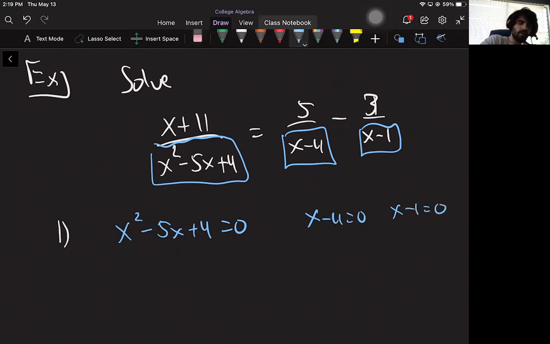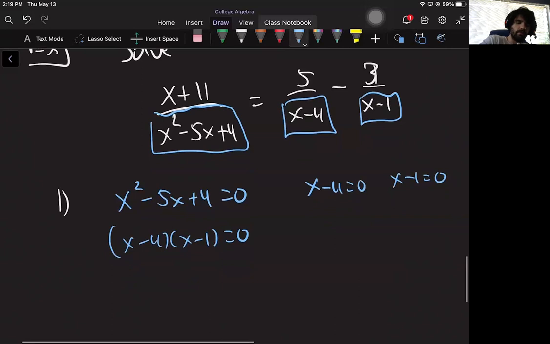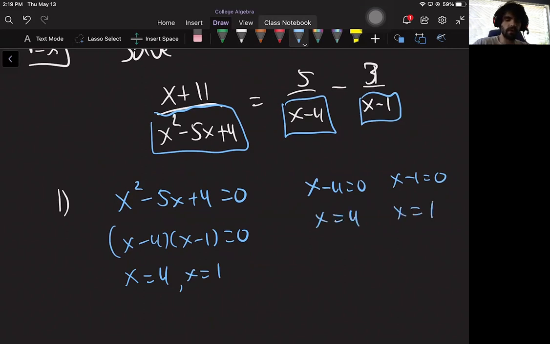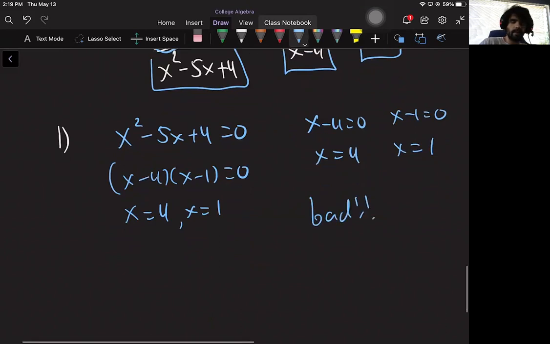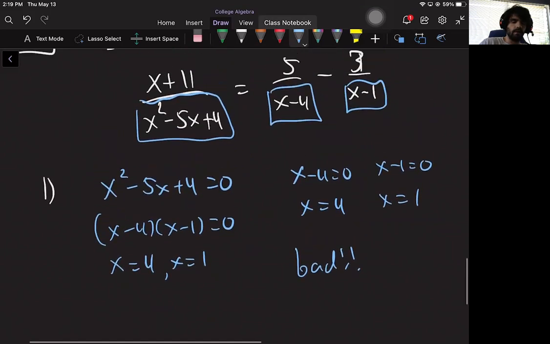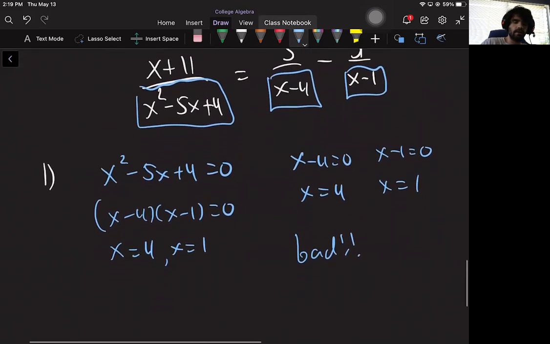Okay, so this guy factors into x minus 4, x minus 1. So 2 of my bad zeros are 4 and 1, but actually those are the same as I get from here. So I'm just repeating the same ones again. So these are both bad. Okay, 4 and 1 do not solve the equation. In fact, they make you divide by 0.